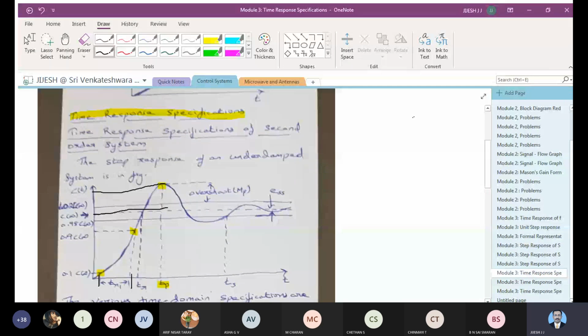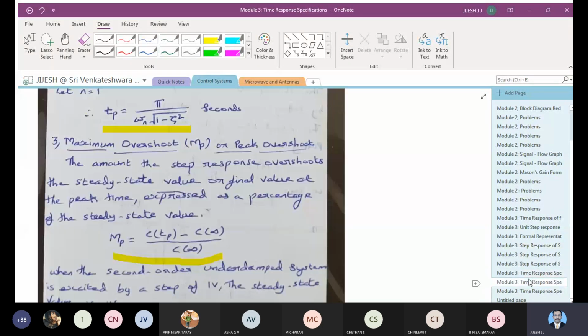So the equation can be written as C of Tp minus C of infinity divided by C of infinity. So maximum overshoot is the amount by which the step response overshoots the steady state value or final value at the peak time, expressed in percentage of the steady state value.